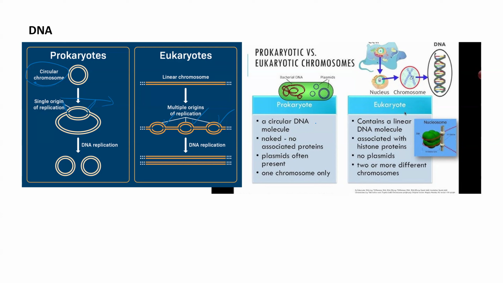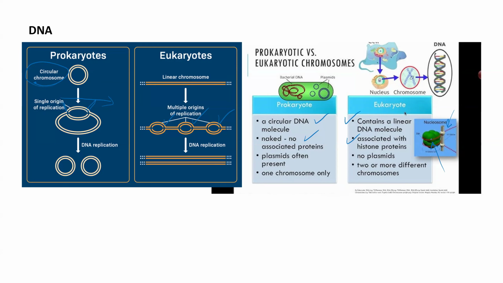So if we go down the checklist, prokaryotes are circular, eukaryotes are linear. No associated proteins. So over here, I see this is a histone, and this is the chromatin, the loose genetic material of a eukaryotic cell. When we condense into chromosomes, there's a lot of chromatin in a eukaryotic cell. And in order to get it to condense, it wraps around these proteins.